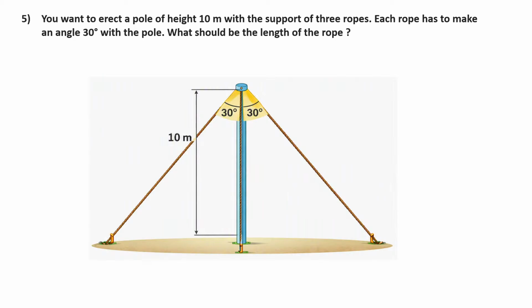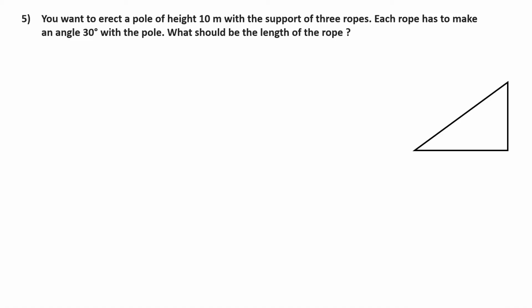Here, three right angled triangles will be formed, each with one rope. For reference, we will take only one right angled triangle. Here the hypotenuse becomes the rope. This is the reference triangle ABC with one rope. Here it is 90 degrees. AB is the pole, 10 meters.